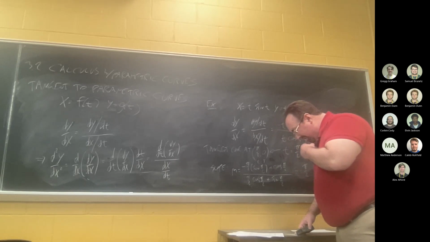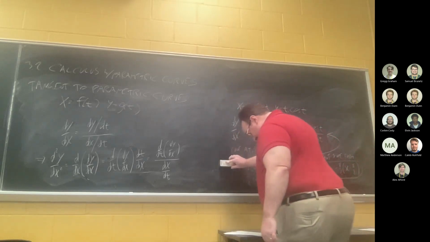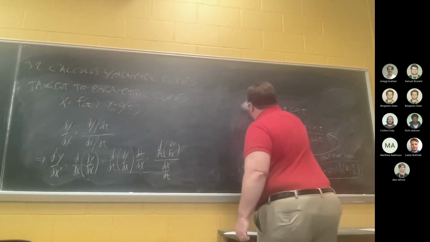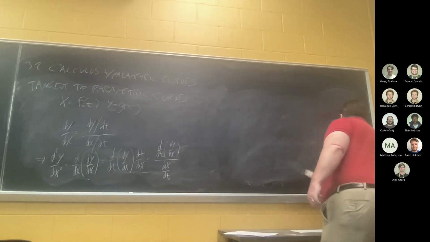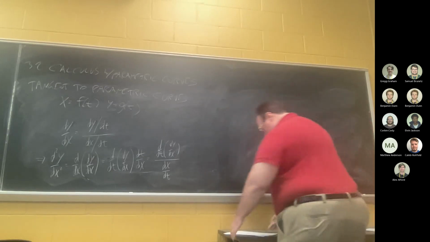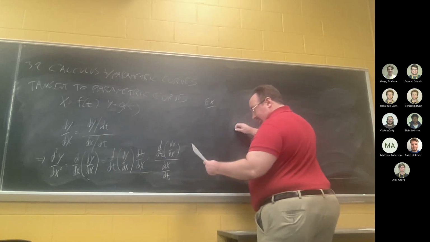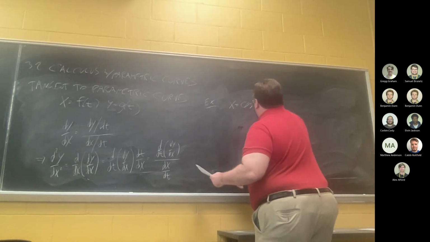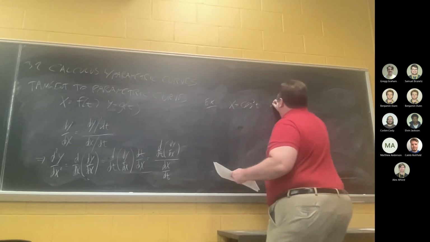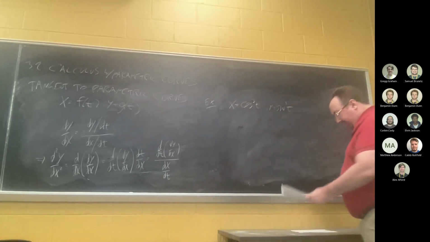To illustrate this, we'll look at the asteroid, which we've seen a couple of times already. We have parametric equations: x is cosine cubed t, y is equal to sine cubed t.